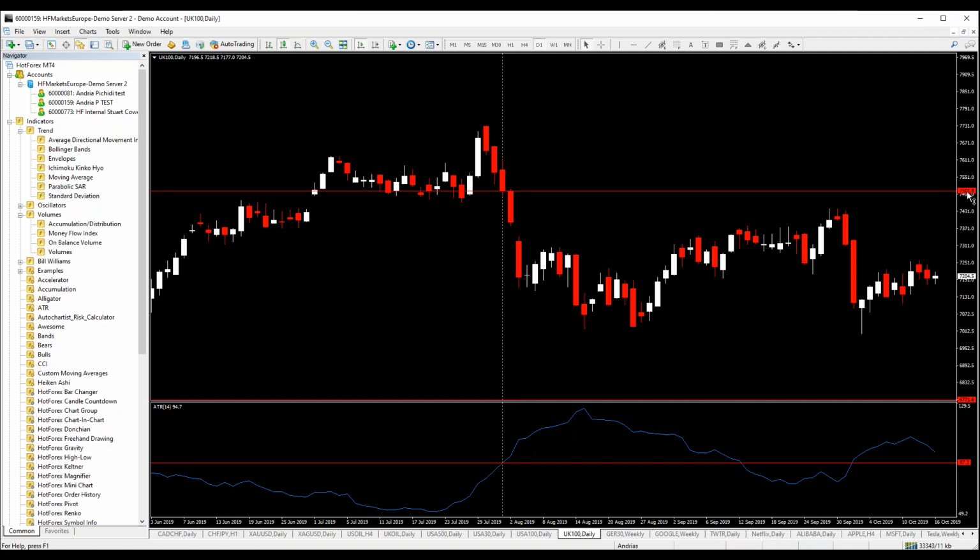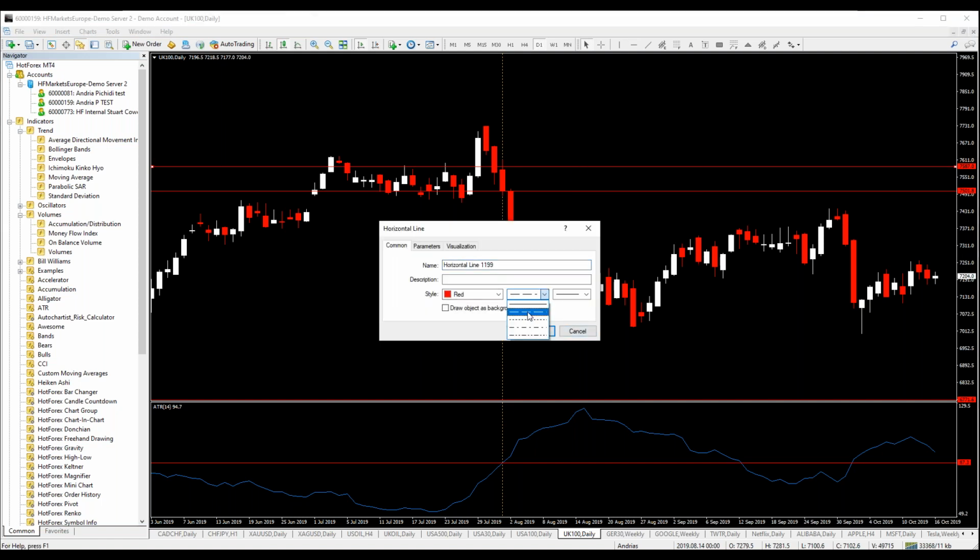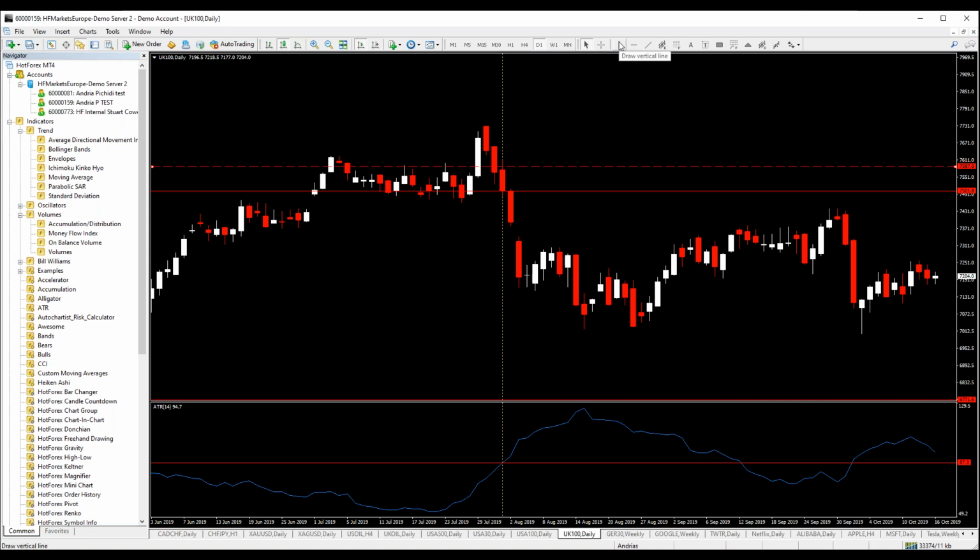My entry was at 7500, so not minus, it should be plus 87 because I'm in a short position. So my stop loss could be either at 75.87, so it could be either here, or at a multiple of ATR.